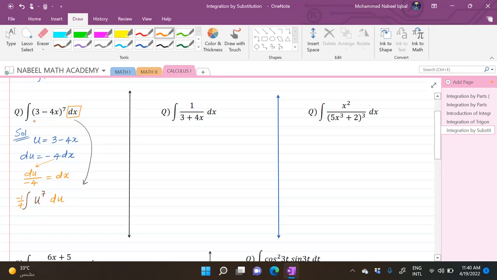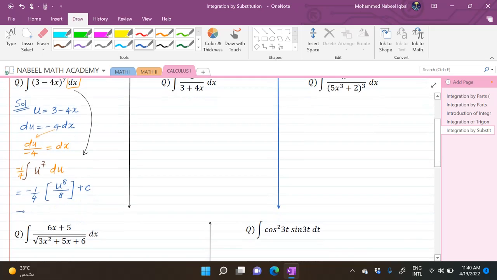Now if you see this integral, this is a very complicated integral. By using the substitution method, we make the integral very simple. Now it is direct. What is direct here? Minus 1 over 4, and the integration of u power 7 is u power 8 over 8 plus c, since it is an indefinite integral.